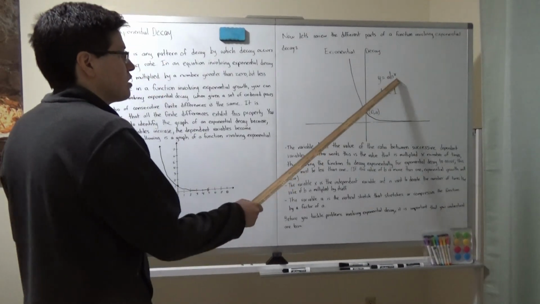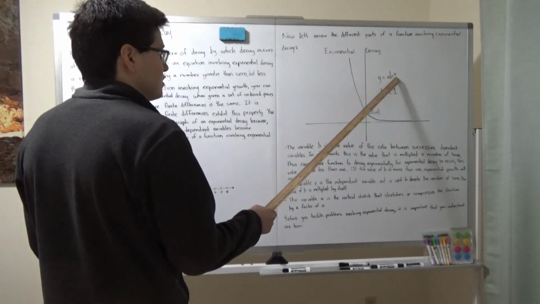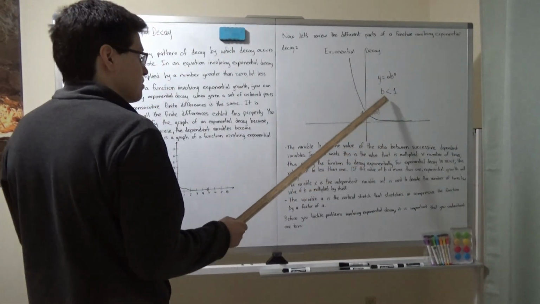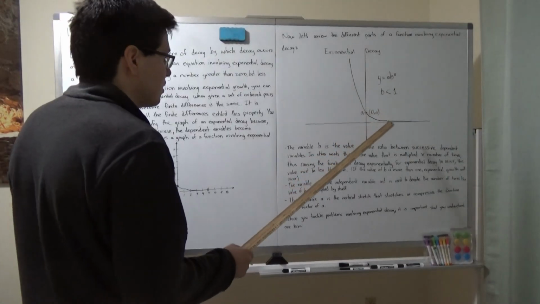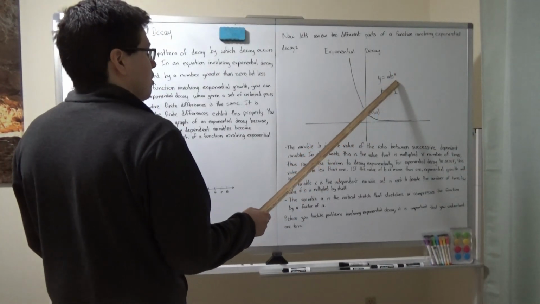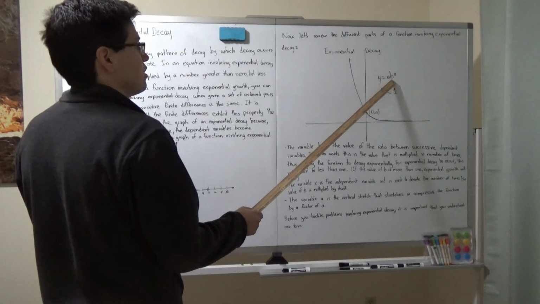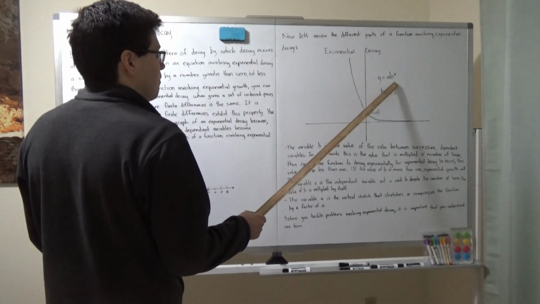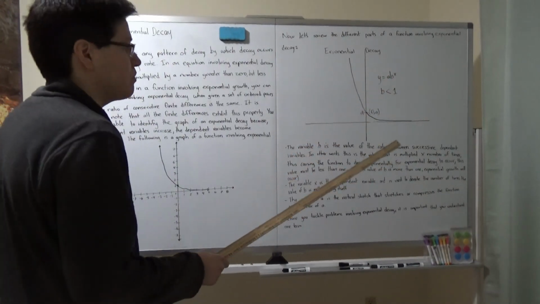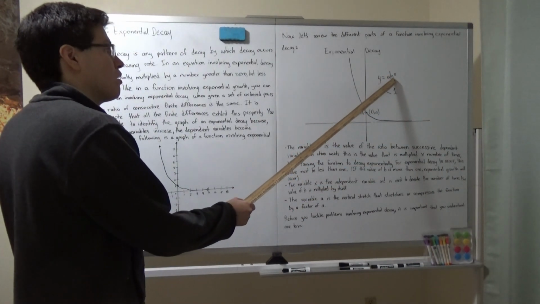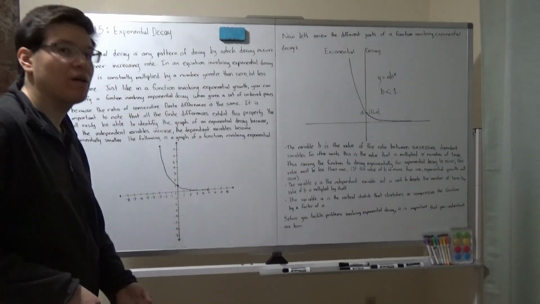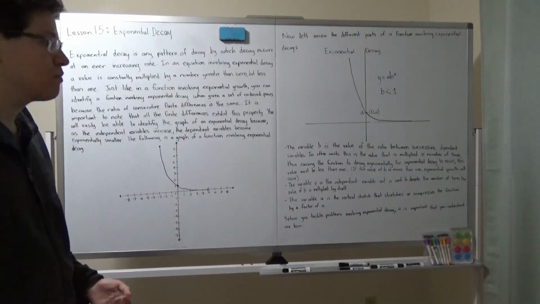For exponential decay to occur, this value must be less than 1. If the value of b is more than 1, exponential growth occurs.